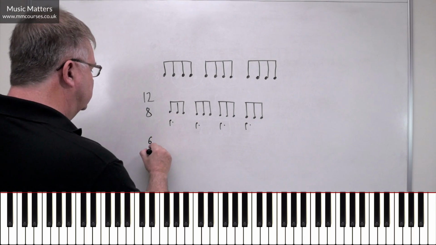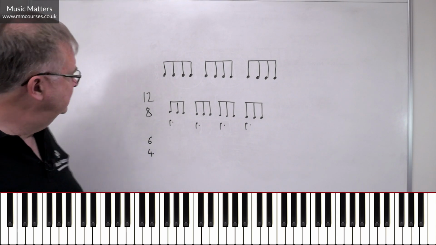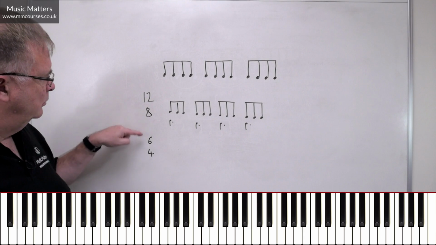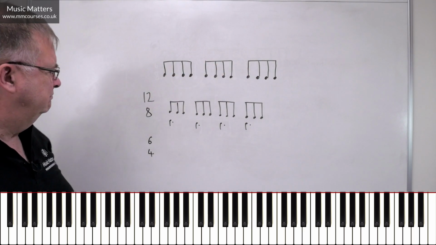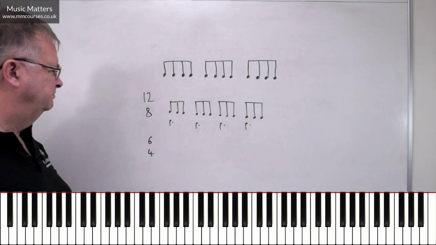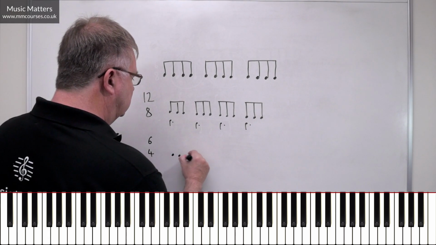Could I do 6/4? Must be a mathematical possibility, because if there are 12 of these, it also means there are 6 of these. Does that look like 6/4? Not really. 6/4 would look like this.